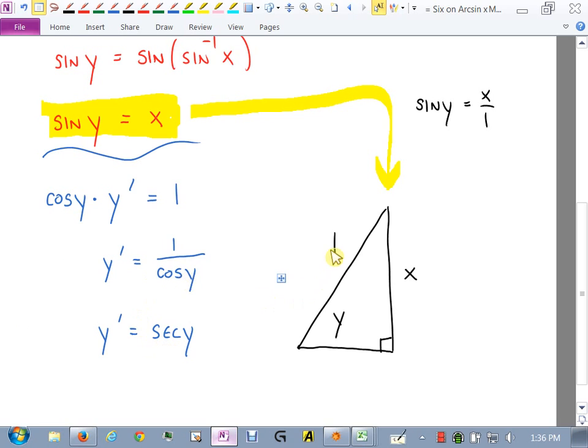So I just need to take 1 and divide it by this. But what is this side? Well, you have to figure that out, right? You have 2 sides of a right triangle. To figure out the third, you use the Pythagorean identity. So let's just call this side for now a. Do you agree a squared plus x squared is 1? Yes? I'm trying to figure out what a is. Subtract x squared on both sides.